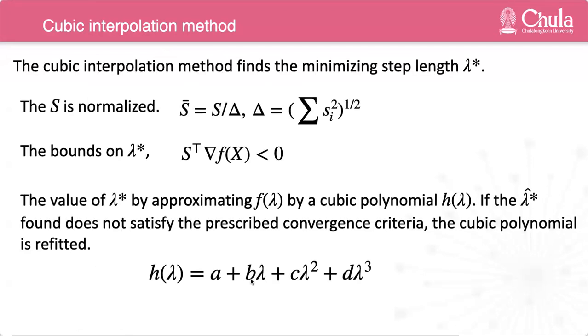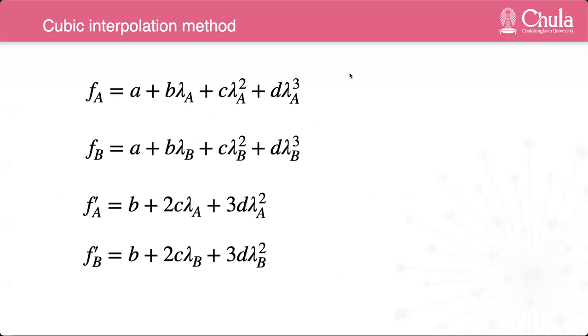Because we have 4 parameters instead of 3, we use the value of the objective function at one point and the derivative at that point.